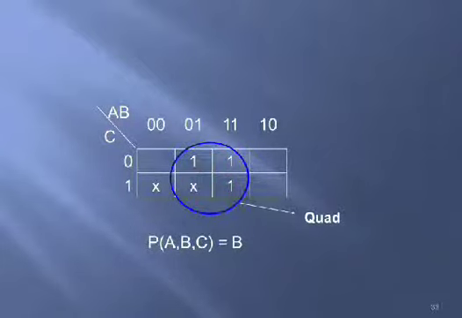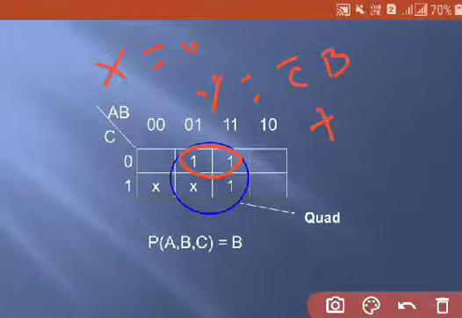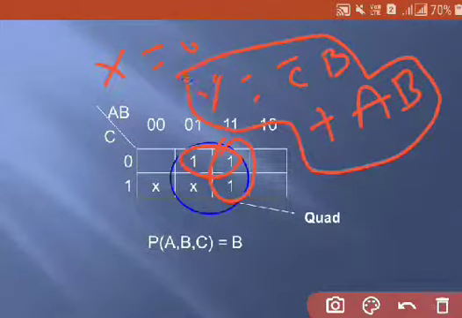Instead, if you consider X equal to 0 now, what will be the expression you will be getting? Here you will have one pair, which is nothing but C bar B. And what is the other pair? It is this pair. What is the expression? It will be AB. So this is the minimized SOP form if you consider X equal to 0.